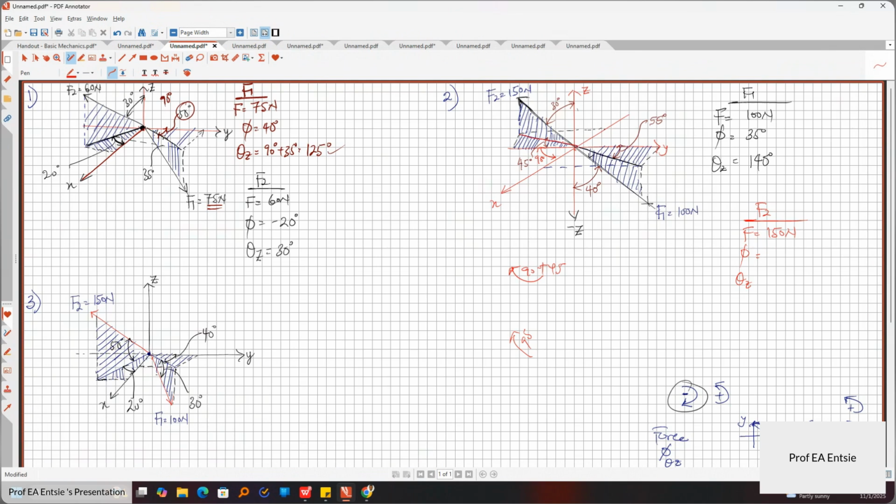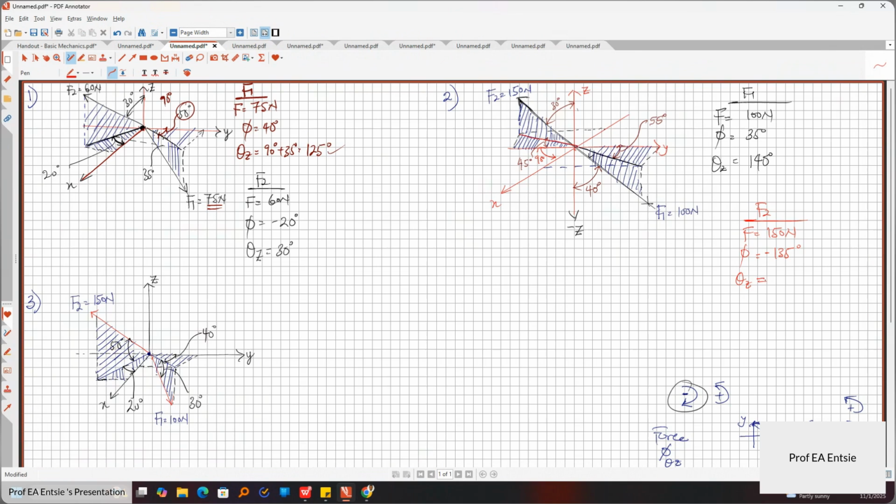Then you go again from the y-axis to the base of the plane containing F2, which is 45. So 90 plus 45 is 135. But because we are moving clockwise, it is negative. All right.